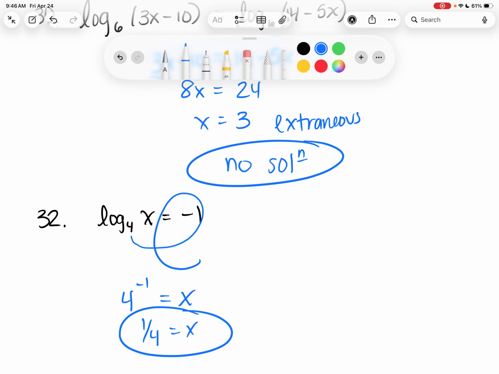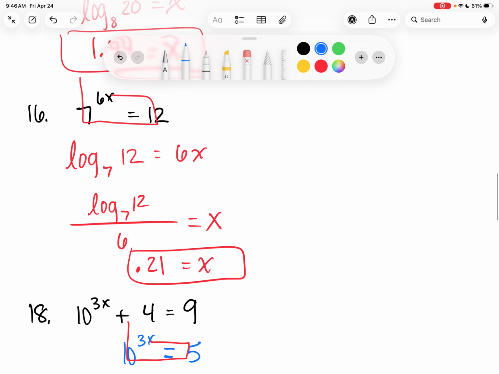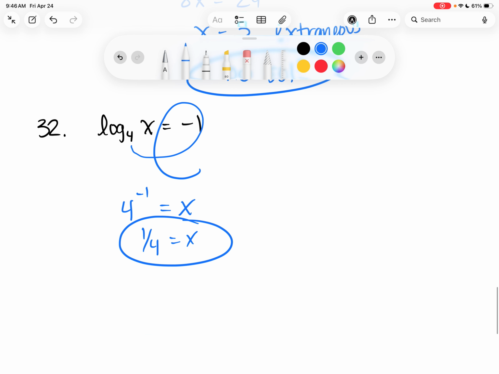How do we know when to use the E or the L? If you have an exponential equation and you're solving for the variable in the exponent, you're going to use a log. If you have a log, like this one, and you're solving for this value in here, you use the E. Hypothetically, they could give you this to solve for, but it's almost always going to be this value right here that you're solving for.